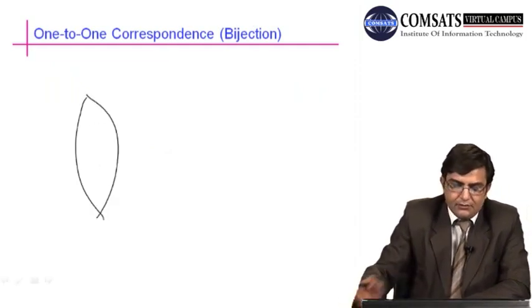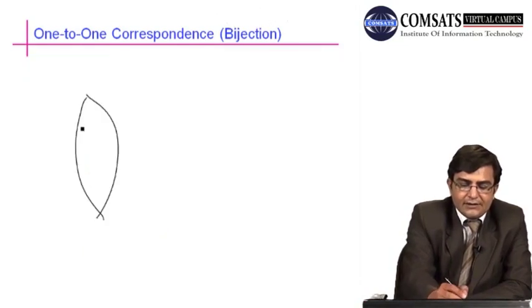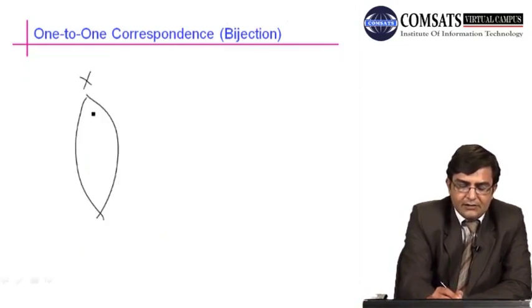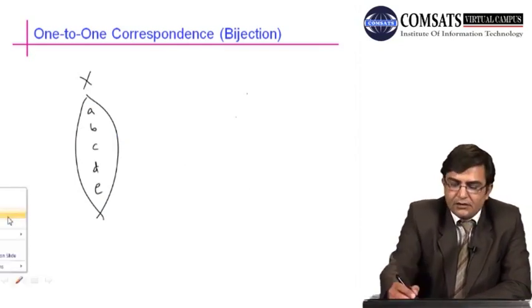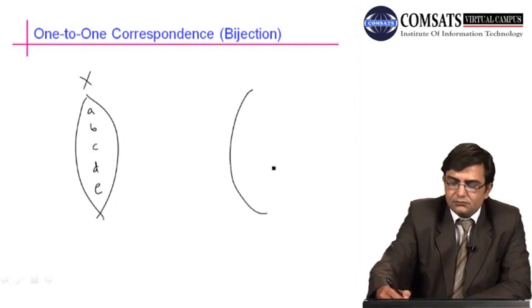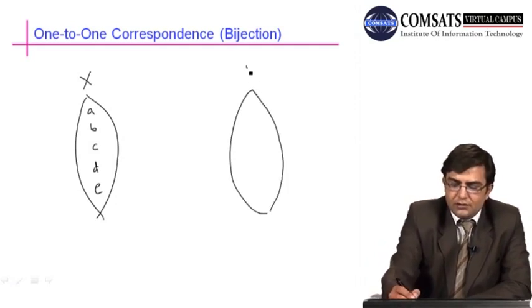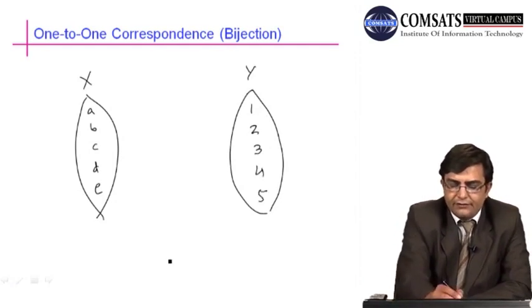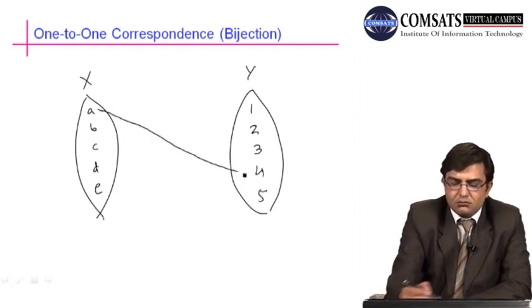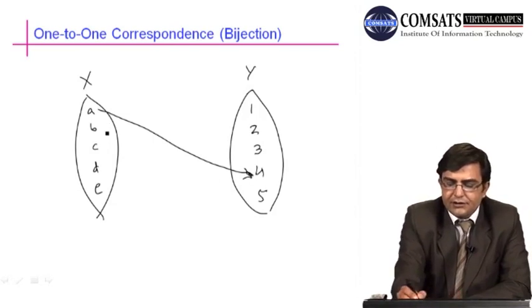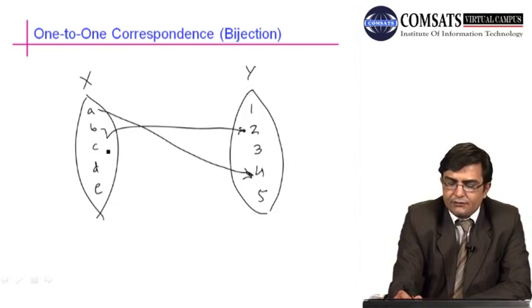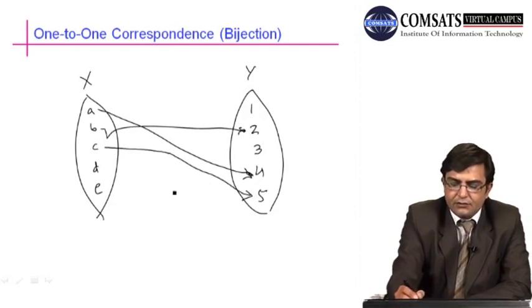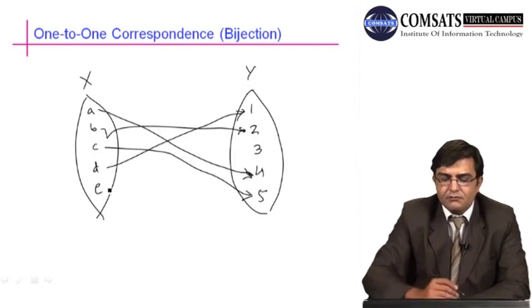Again, the X set is a, b, c, d, e. The Y set is 1, 2, 3, 4, 5. Suppose a is related to 4, b is related to 2, c is related to 5, d is related to 1, and e is related to 3.